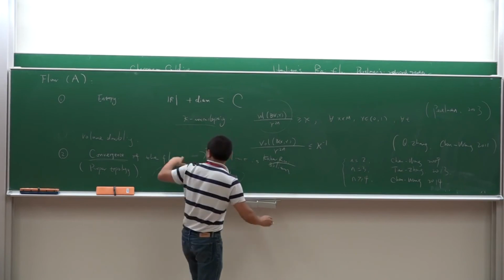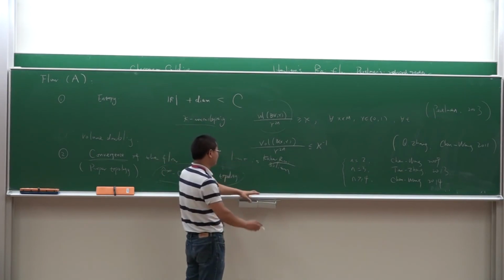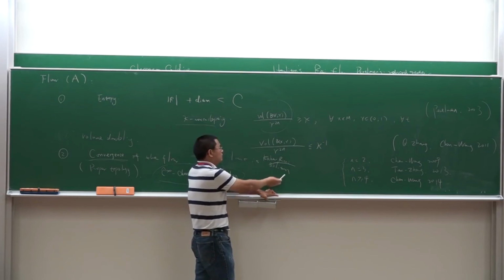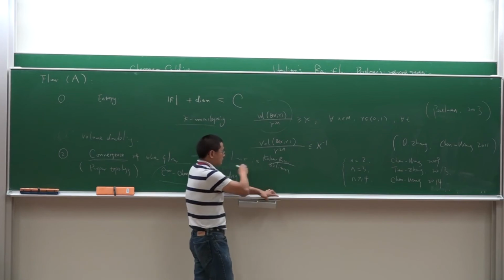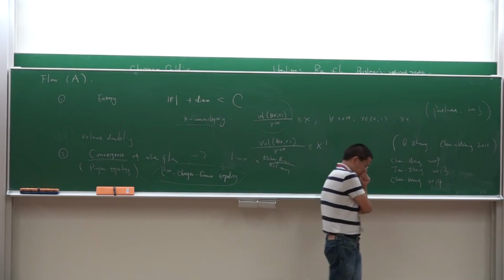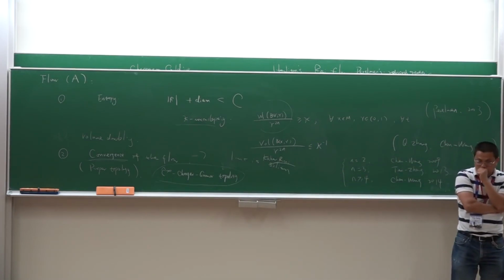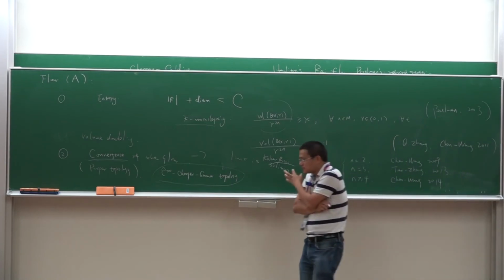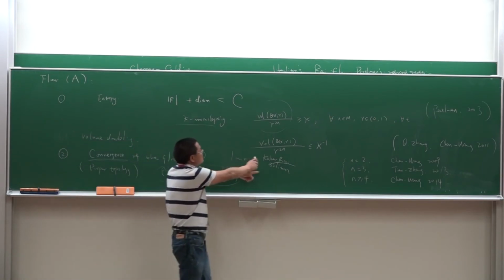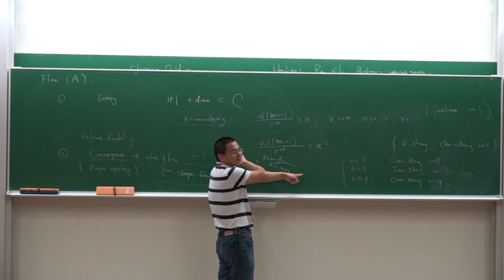So we show this convergence, if the flow converges to a Kähler-Ricci soliton. Use this definition. So the thing is this. You want the limit to be the same as the original manifold, right?